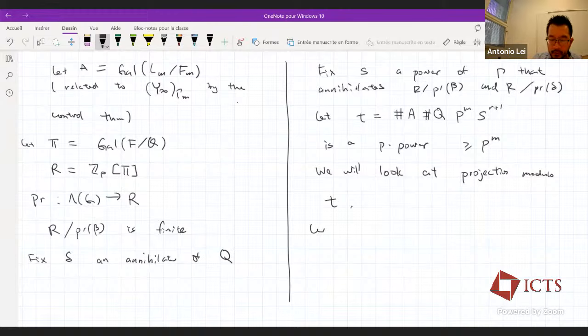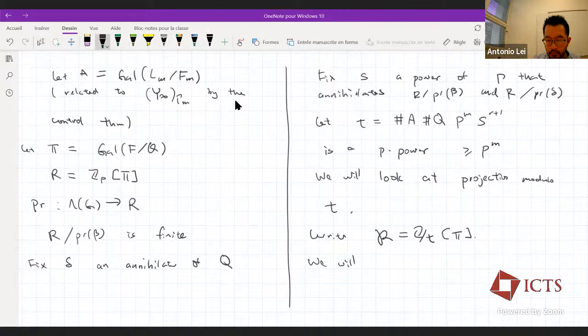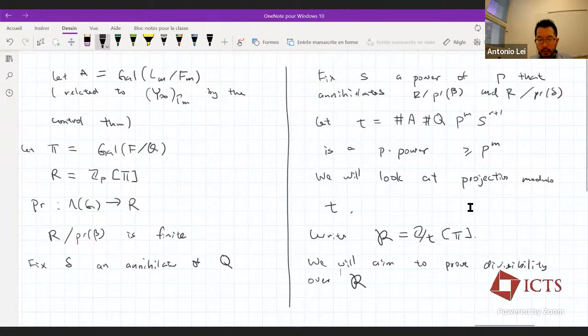Meaning, I will write curly R to be this group ring over Z mod T, and then we will prove the divisibility over R, and then let M go to infinity.